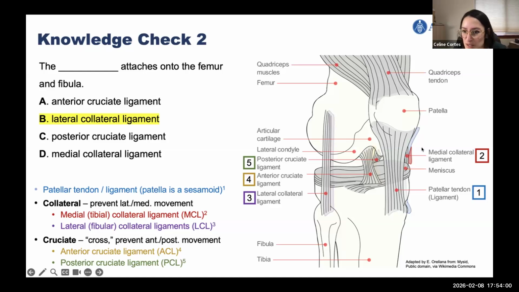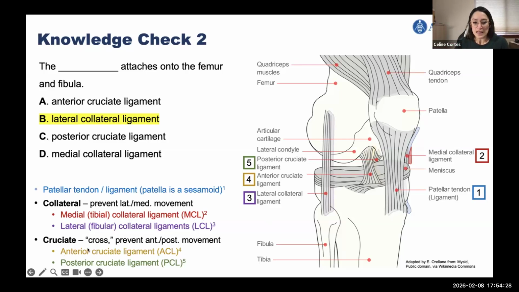Okay, I'm seeing some questions here. If someone says ACL and LCL, yeah, you kind of just have to know the actual meaning. For the MCL, you just have to be familiar with the fact that they are referring to the medial collateral ligament there.